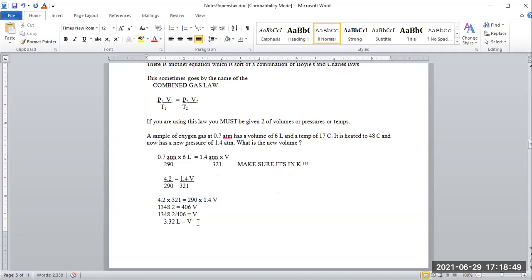Now, one of the downsides, sort of, to the combined gas law is we talked about having a level of predictability when we were looking at the other 3 laws. So let me swap back over to my whiteboard for a second.